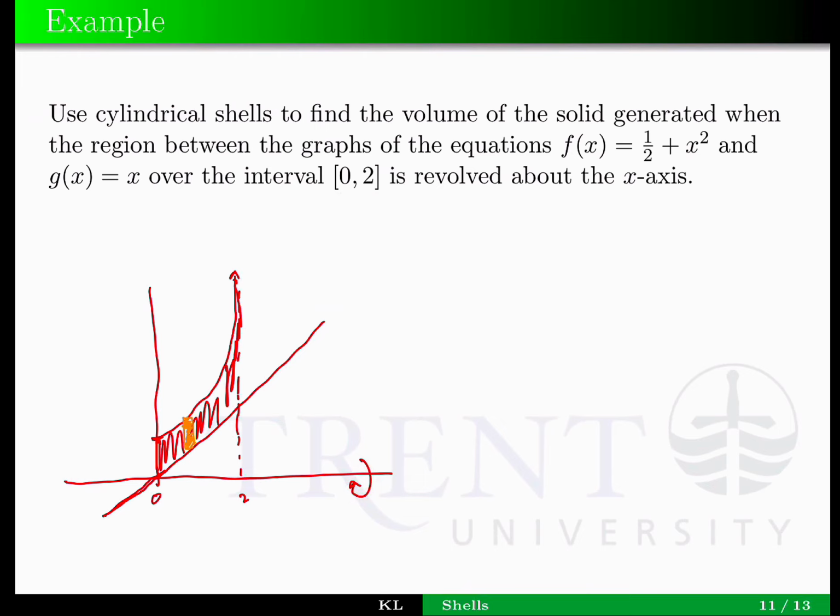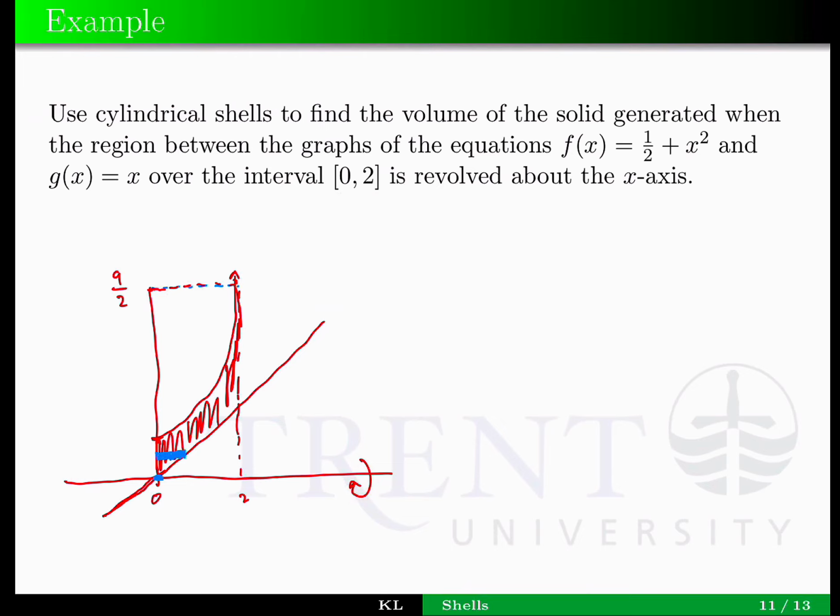But since now we are going to use cylindrical shells, the strips must be horizontal. You will run from the lowest point to the highest point. The highest point is at x equals 2, so 2 squared is 4 plus 1/2. The highest value of y is 9/2.